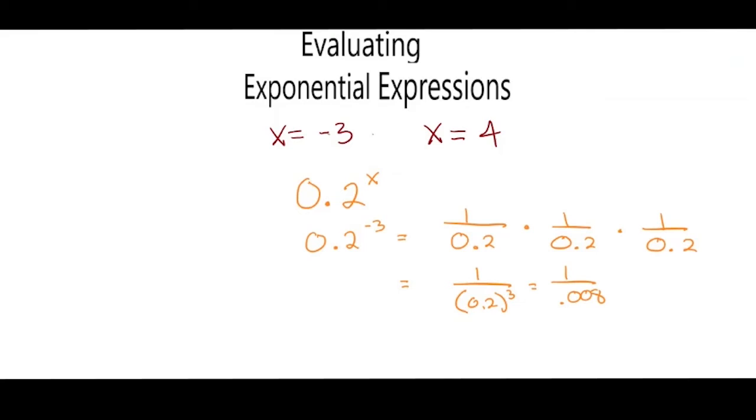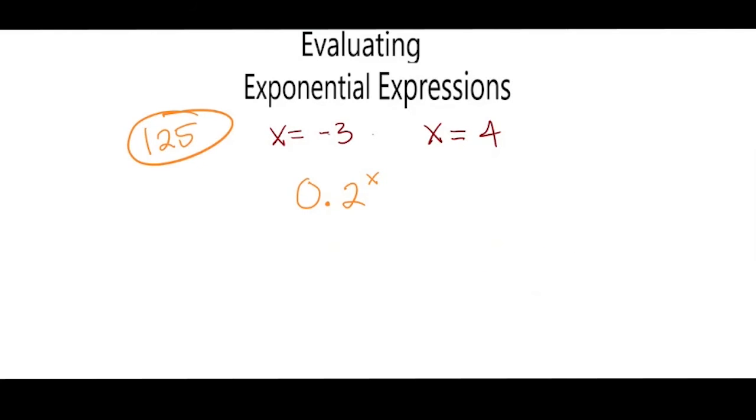But we can't leave this as a decimal on the bottom of a fraction. So I recommend plugging that into a calculator, which is actually 125. So when x is negative 3, this expression's value is 125. Now let's evaluate this expression for when x is 4.